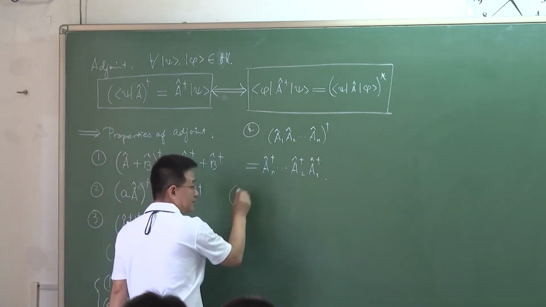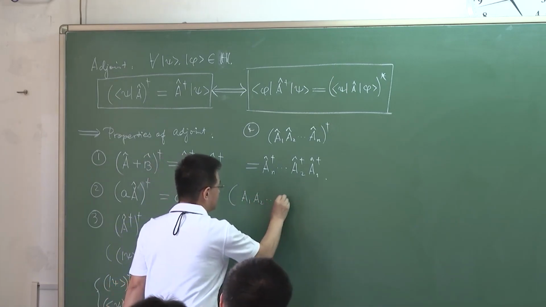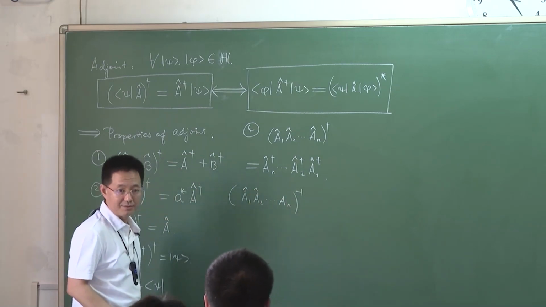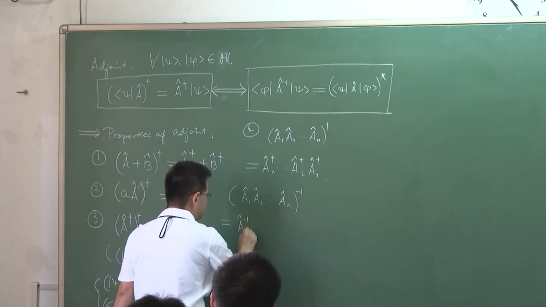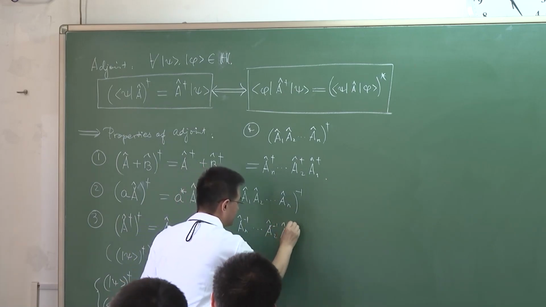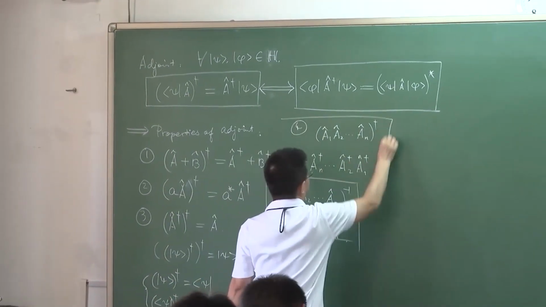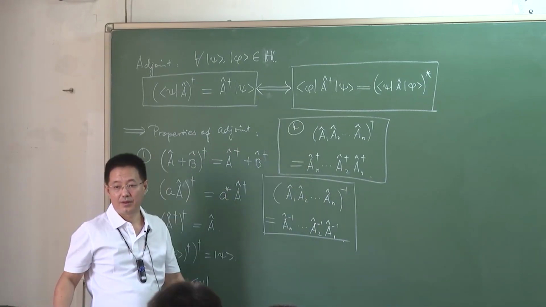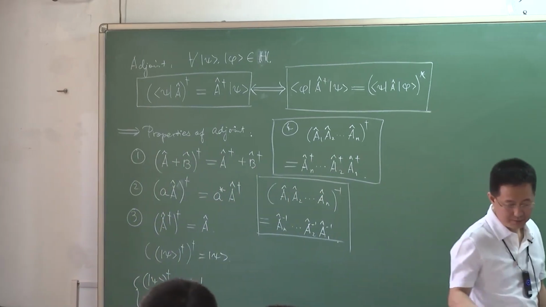And that is very similar to A1 A2 ... AN; if you take the inverse, that is equal to AN inverse ... A2 inverse A1 inverse. I think these relations are very important, and we have so many adjoint operations in the future.